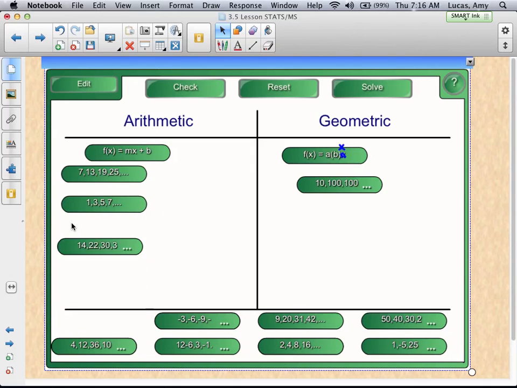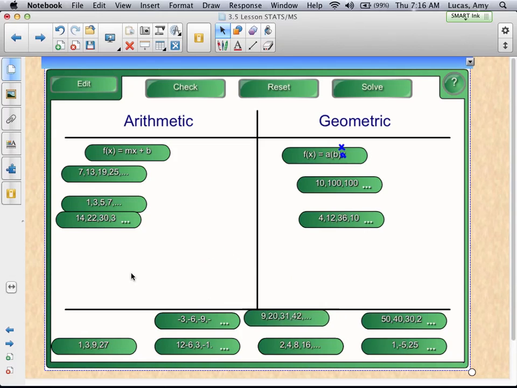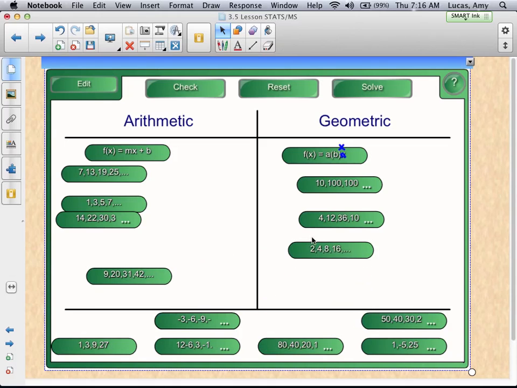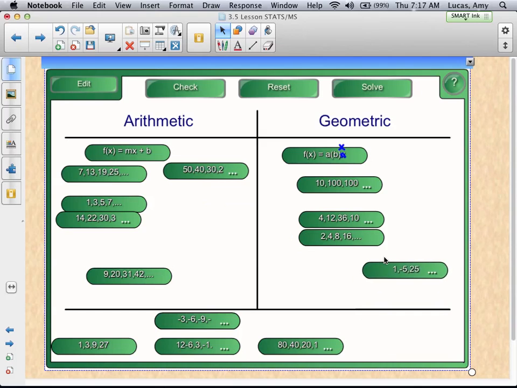This one's going up 8 each time, and I can click to make sure. This one is multiplied by 3. This one's adding 11. This one's multiplied by 2. This one is subtracting 10. This one is multiplied by negative 5.